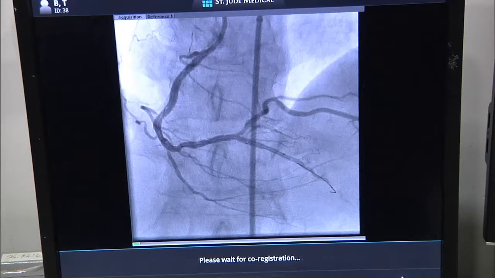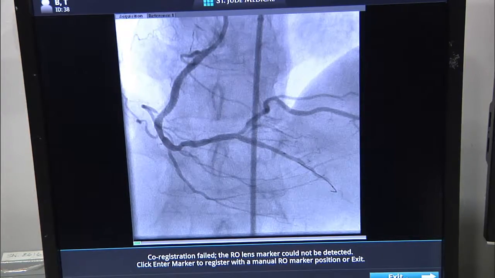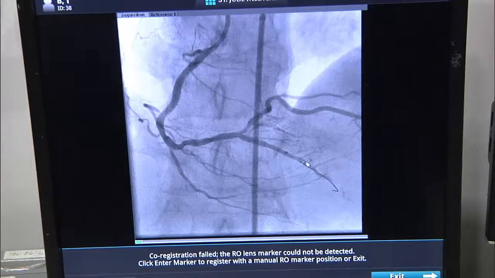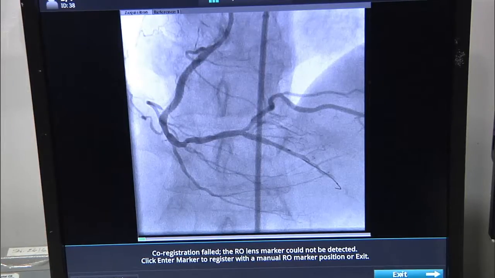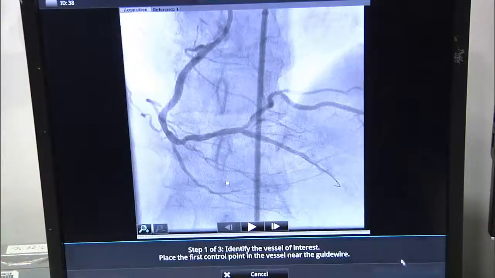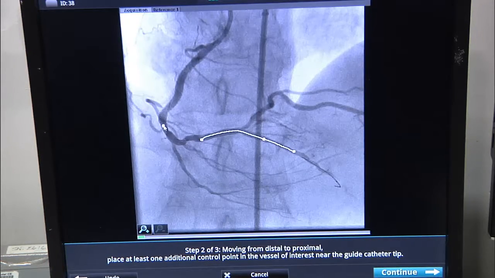Are you showing it? Yes. Good. Co-registration failed. No, you put too many dots. I think when there's an angle, it can fail. Don't put too many. Yeah, that's enough. Good.